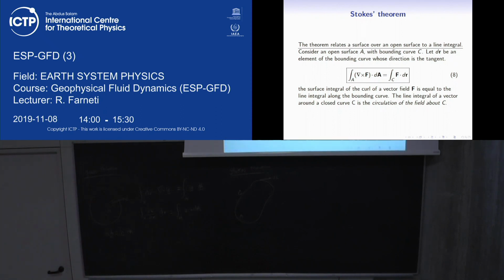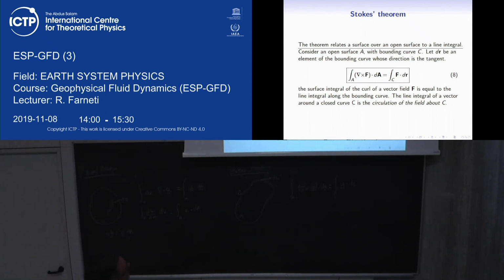So the surface integral of the curl of whatever field is equal to the line integral over the closed curve C of u dot dr. So the surface integral of the curl of the vector field is equal to the line integral along the closed bounding curve.